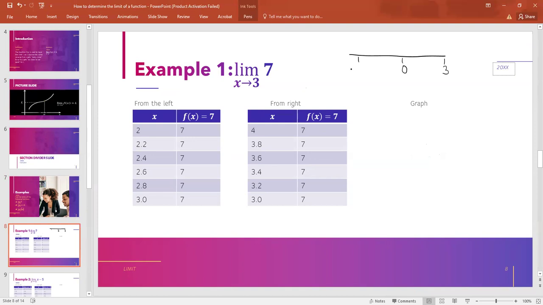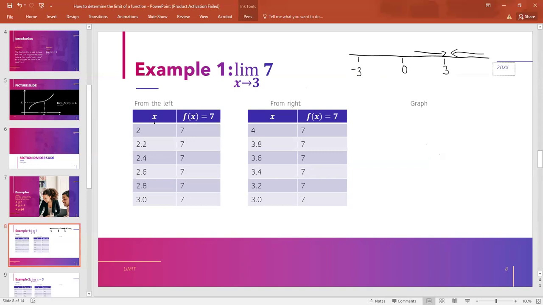So we're looking for values going towards x equals 3 from the left of our number line and going towards 3 from the right of our number line. This actually helps you visualize the type of values you put in on your table.